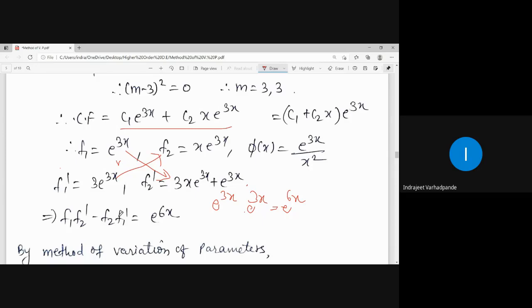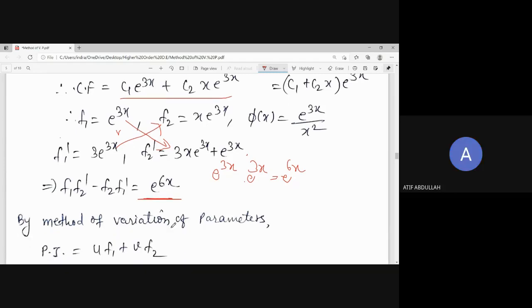Completed up to this? Yes, sir. What is F1 F2 dash minus F2 F1 dash? E to the power 6x. So W is equal to e to the power 6x.